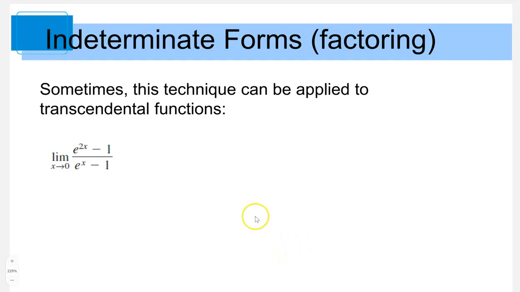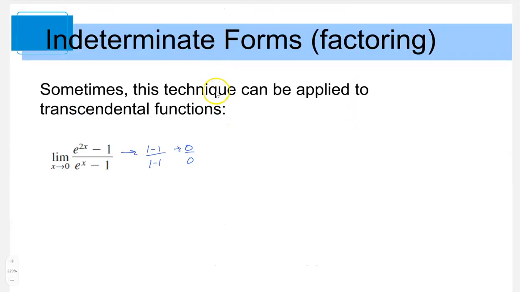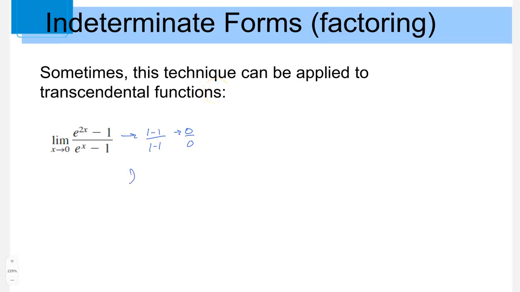Before I talk about that other one, let's look at this example. If we were to take the limit as x approaches 0, we're going to end up with the indeterminate form of 0 over 0 again. Even though this is not an algebraic expression like that first one we talked about here, we could still use algebra to simplify this. That top factors into e to the x minus 1 times e to the x plus 1.